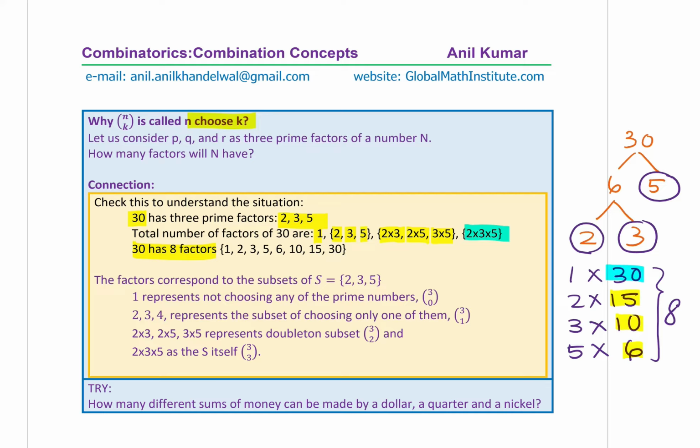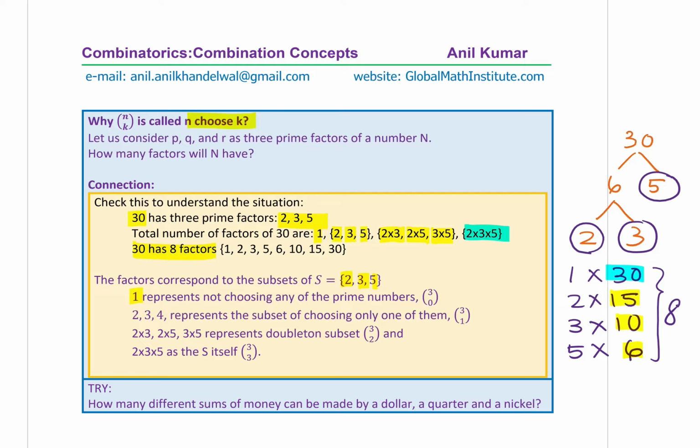Now let's analyze it further. The factors correspond to the subsets of S. Now, this is a technical statement. We are actually working with these numbers 2, 3, and 5, and only 2, 3, and 5 occur at each stage, correct? How is it a subset of the set with the elements 2, 3, and 5? 1 represents not choosing any of the prime numbers.